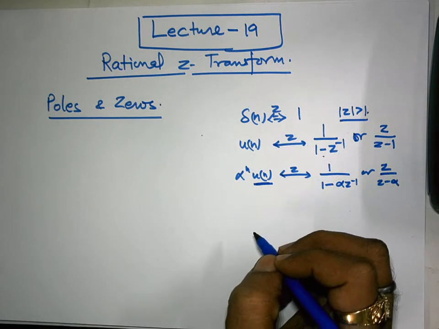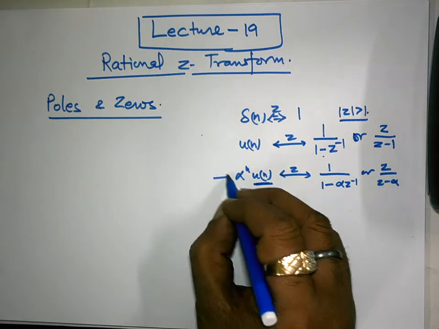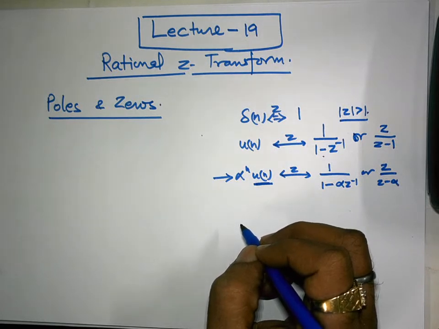The region of convergence of any causal signal, if it is an infinite duration causal signal, happens to be the exterior of some circle.